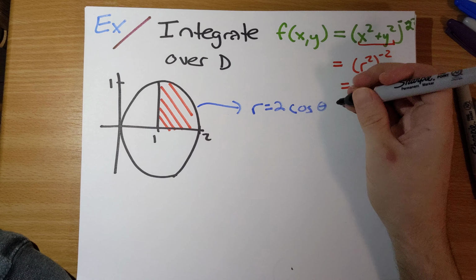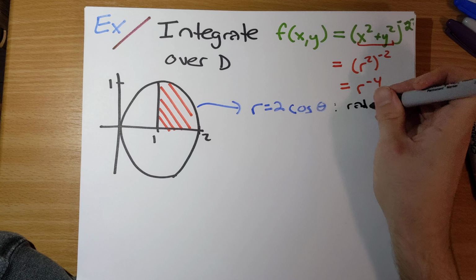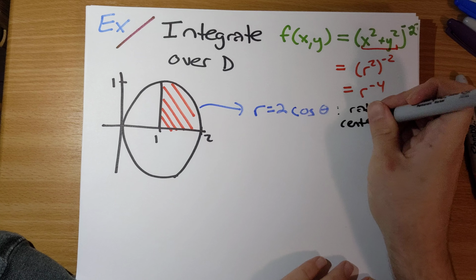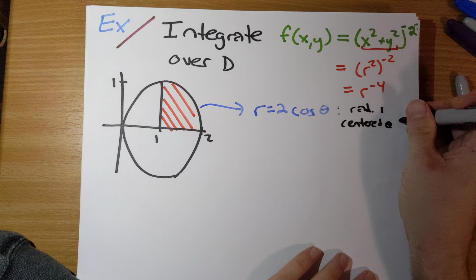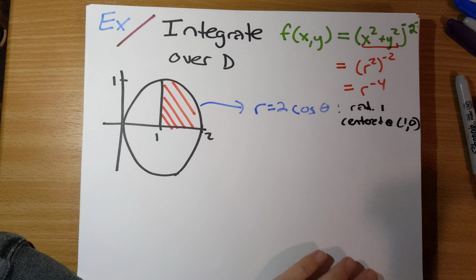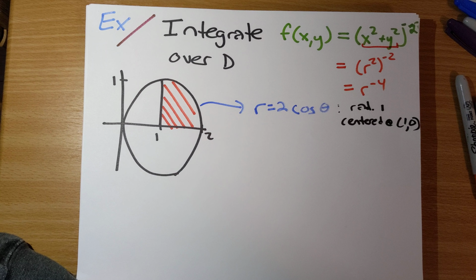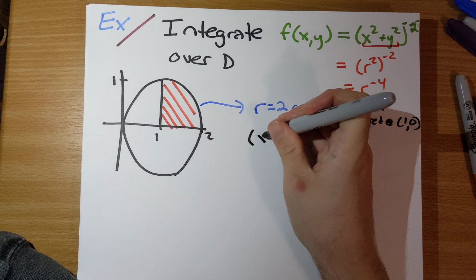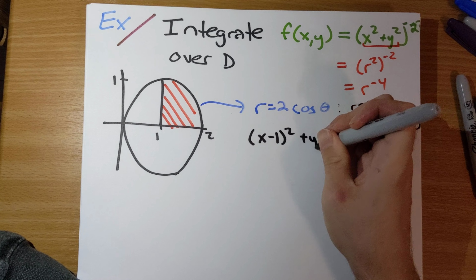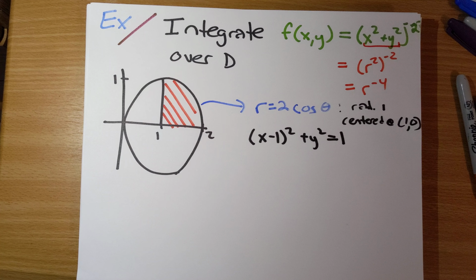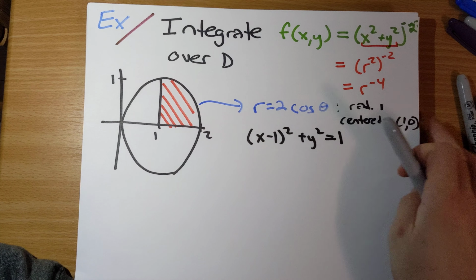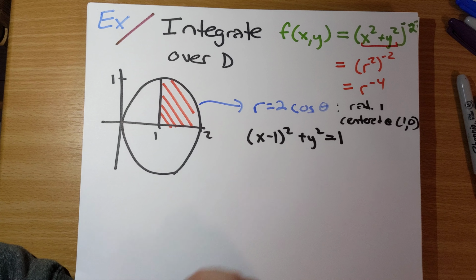If you don't believe me, if I asked you to write down an equation for a circle of radius 1 centered at the point (1, 0), I think this is probably what you'd write down.